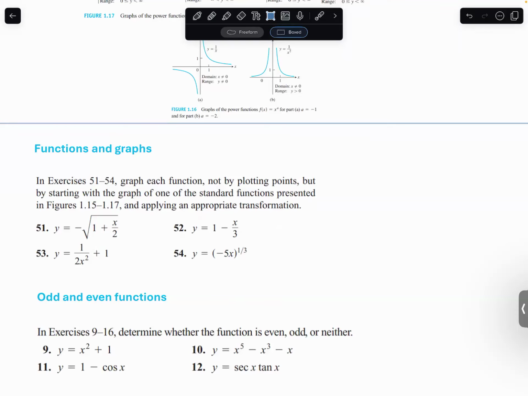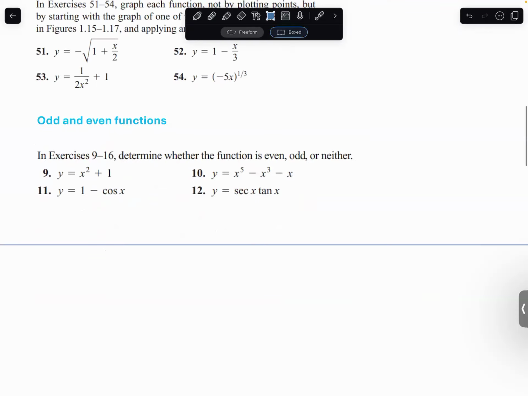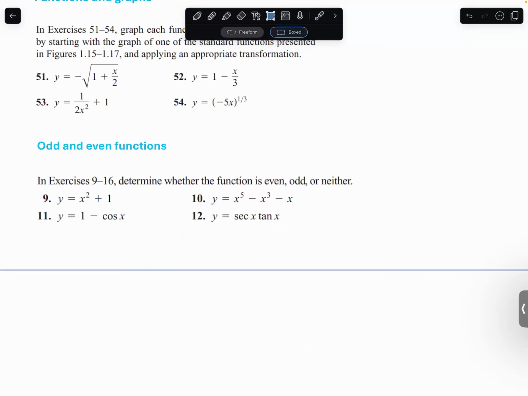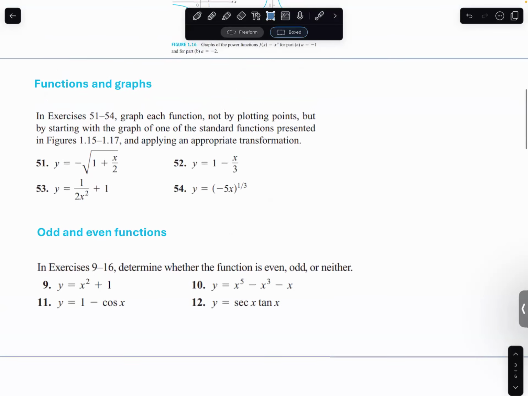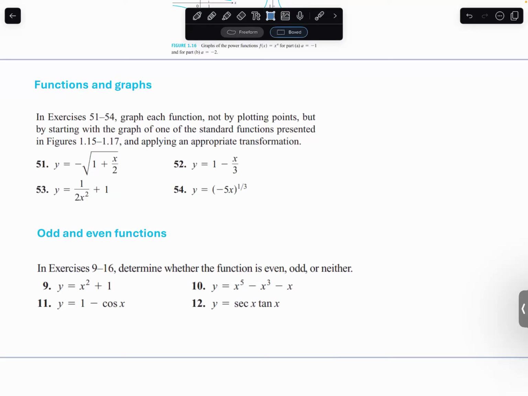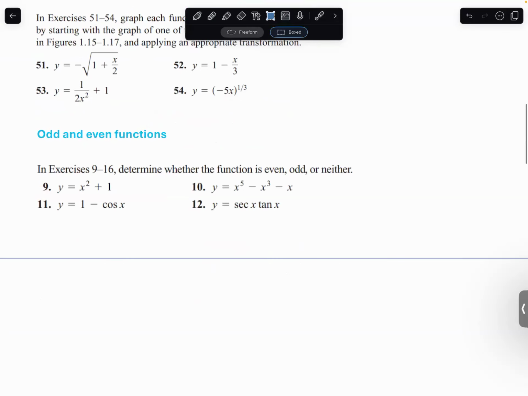So the first question is 51. It says, in the following problems, start with a basic graph and then apply some transformation to obtain the appropriate graph. So let's do that. 51, we have to plot the graph of y equals minus square root of 1 plus x over 2.